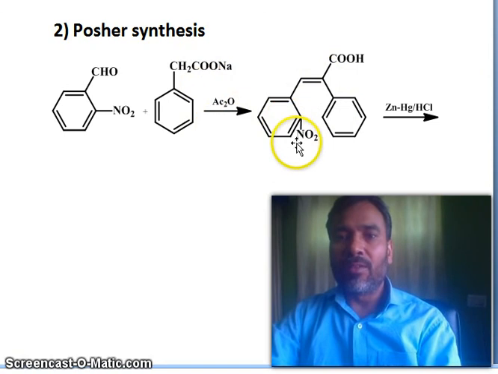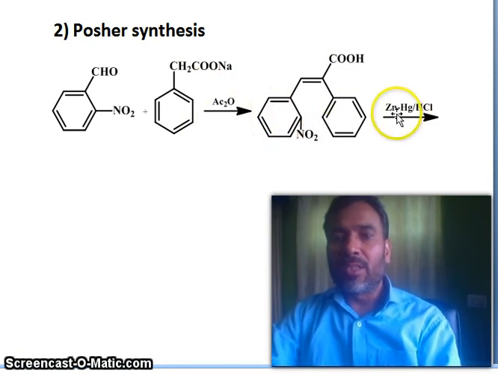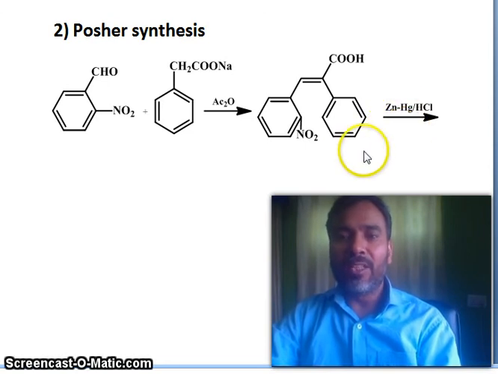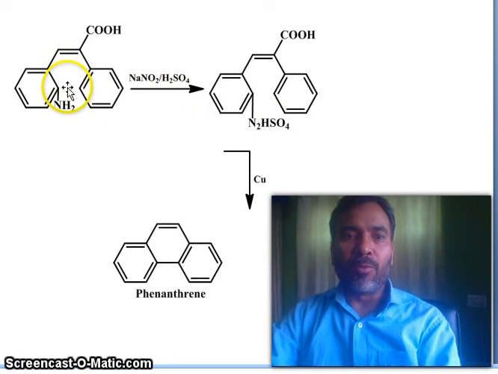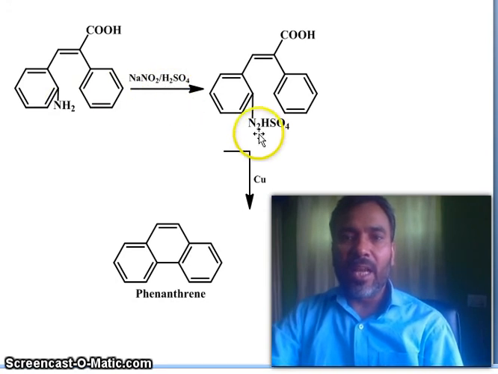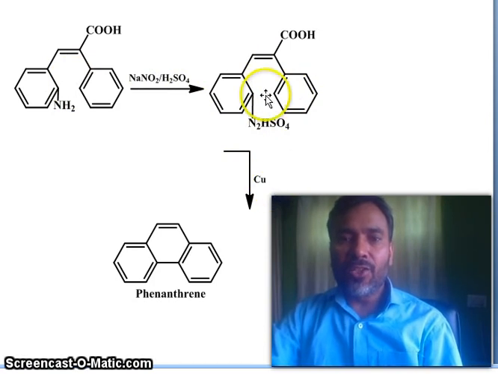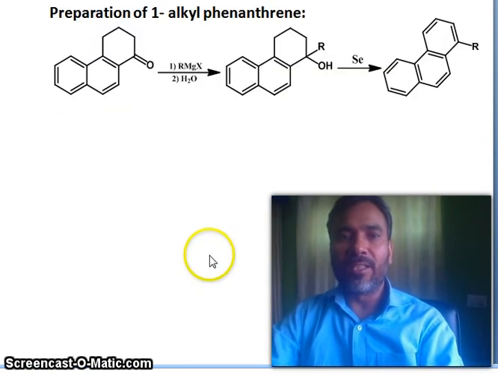This product gives this product, and in the presence of zinc amalgam and HCl you will get this product, meaning the NO2 group is converted into an NH2 group. Now in the presence of sodium nitrite in sulfuric acid, you will get the diazonium hydrogen sulfate derivative of this product, and on reaction with copper metal, cyclization occurs, the central ring forms, and you get phenanthrene.